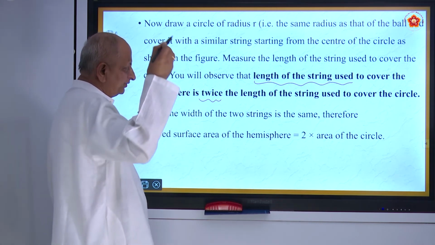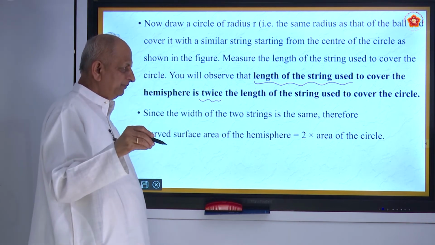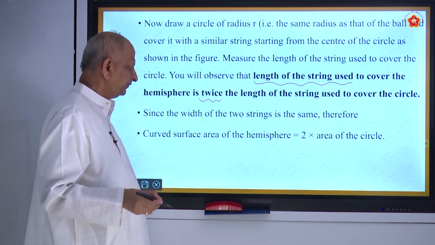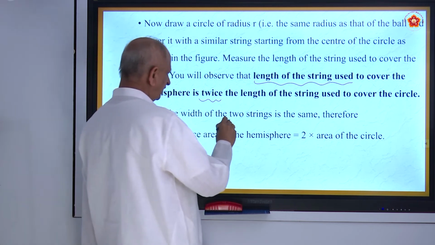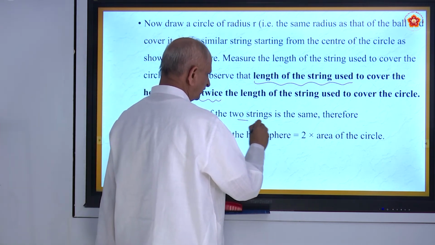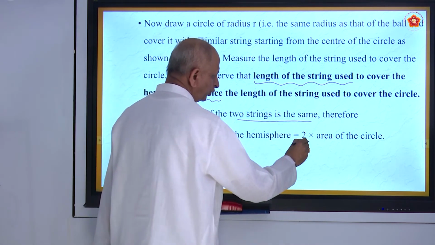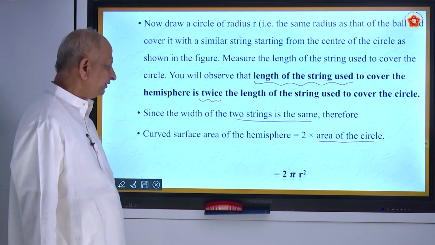So what you have seen with the hemisphere, what you covered with the string, if you have the same string and do it for a circle, you find that since the width of these two strings is the same, the curved surface area becomes 2 times the area of the circle. So area of the circle is what?